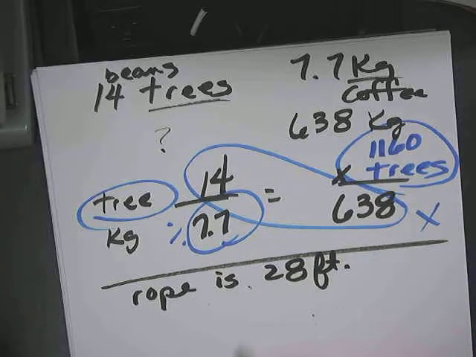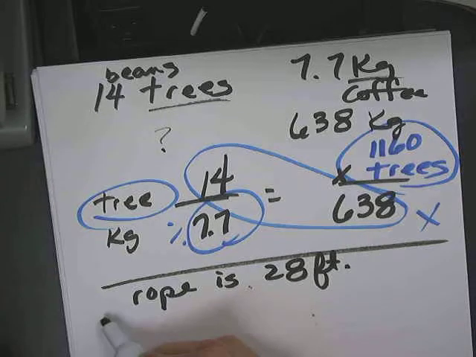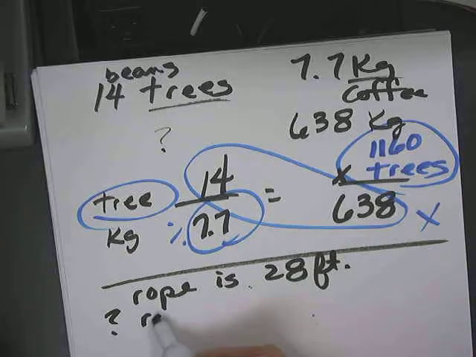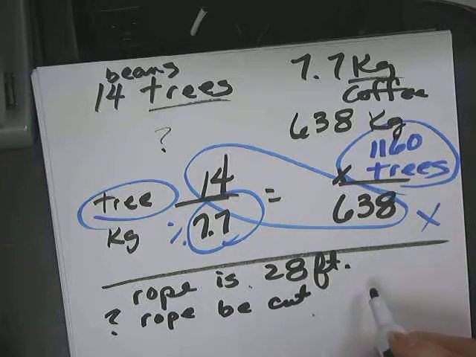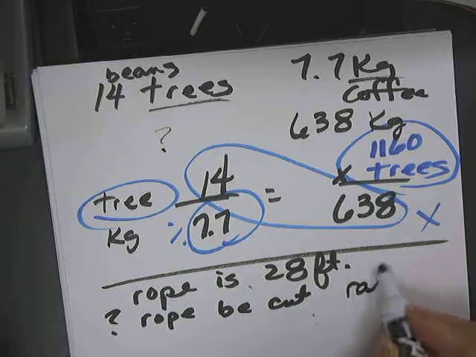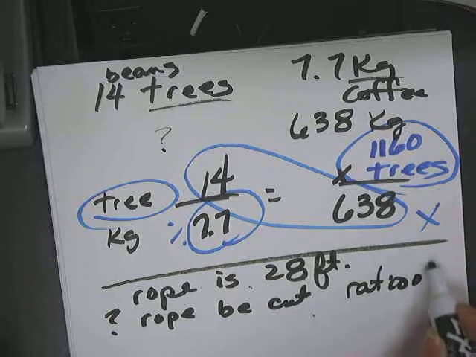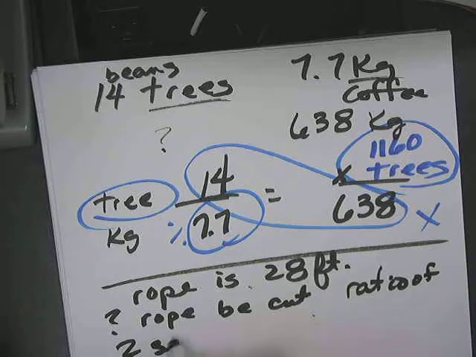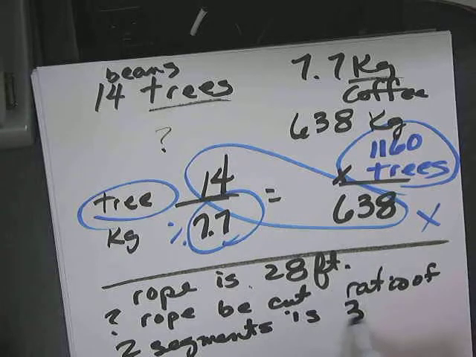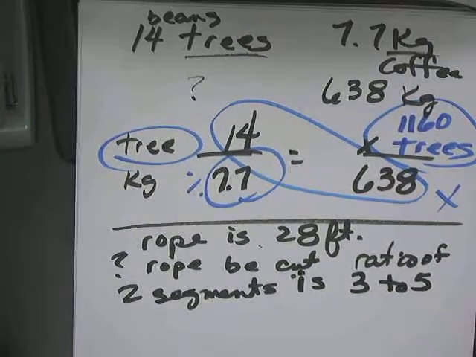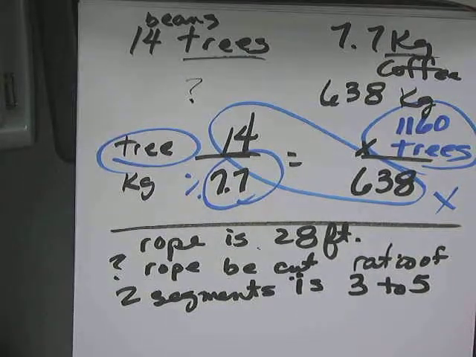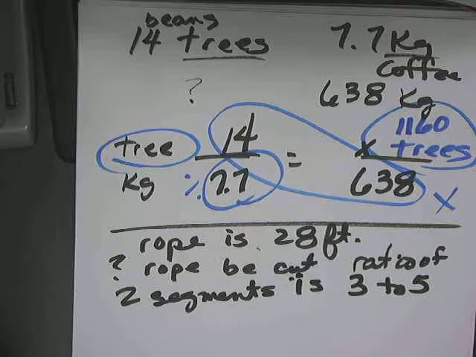Okay, let's do a rope. A rope is 28 feet long, and it says, how can the rope be cut so that the ratio of the two segments is a 3:5 ratio.